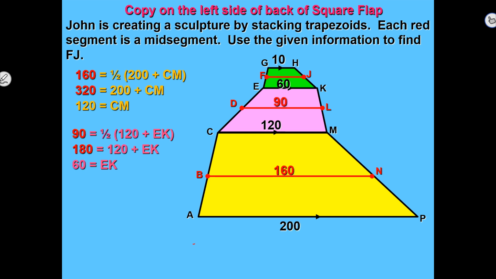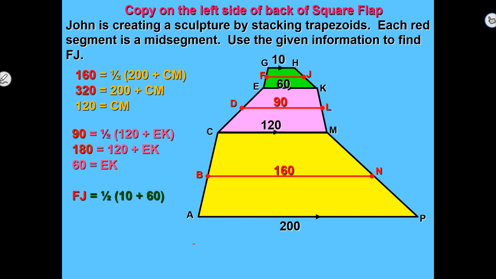And now we can finally find the piece they asked for, which was FJ, right? Is FJ a base or a mid-segment? Mid-segment. So FJ will go where the 90 and the 160 went over here. Now I'm going to have two real numbers to plug in over here. Once we substitute all that information in, we've got FJ is equal to 1/2 times (10 plus 60).